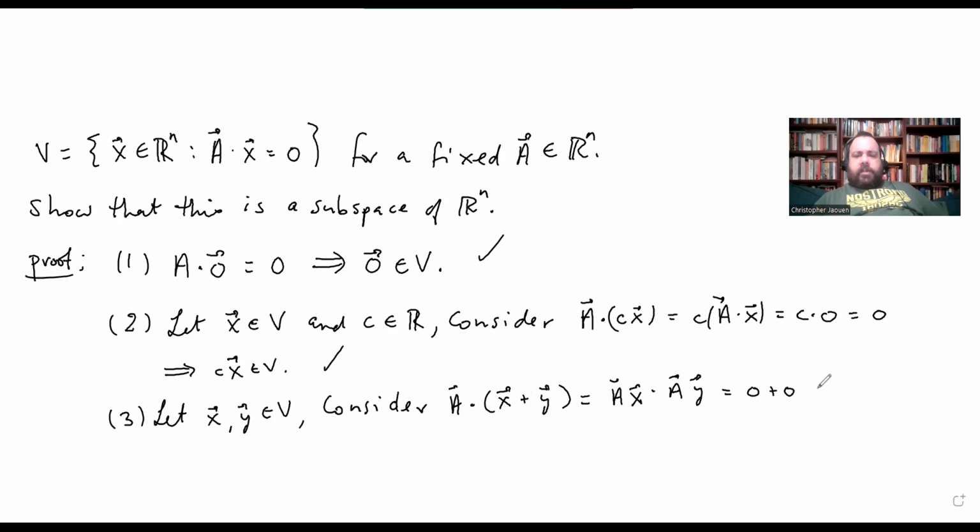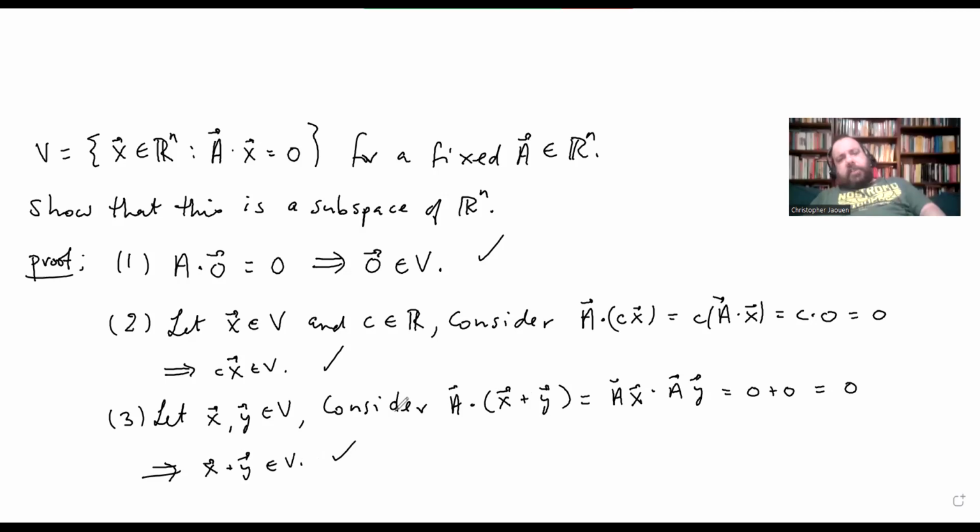This is 0 plus 0, which is 0. Therefore, x plus y is in V. So the three conditions are satisfied, therefore it's a subspace. And the other examples you can prove in the same way. You just show that it satisfies the three properties. Let me go back to the notes.